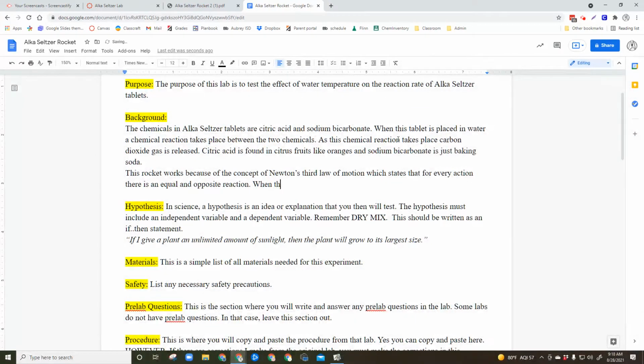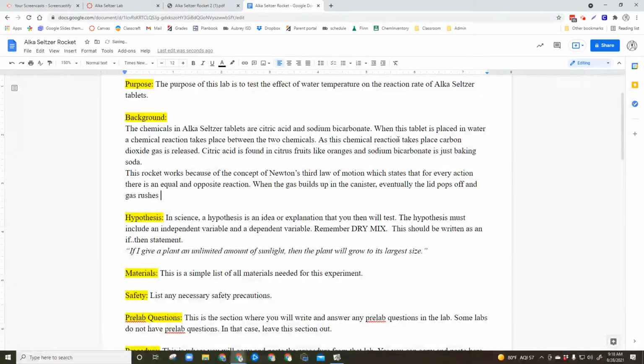When the gas builds up in the canister, eventually the lid pops off and gas rushes out of the canister, sending the other part of the canister up.